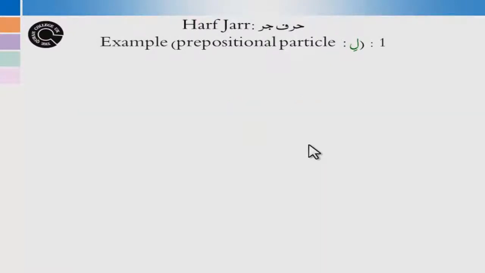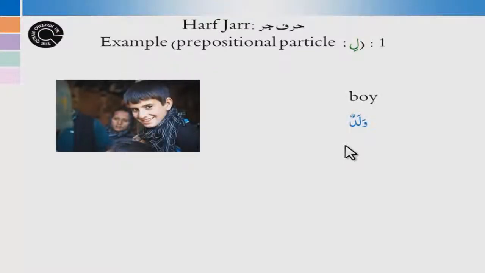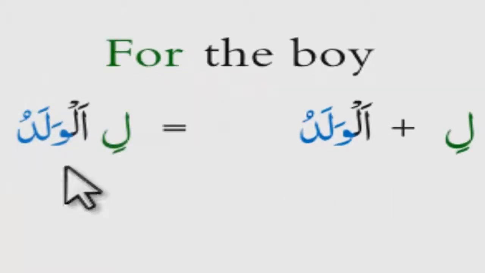Now let's take another example, where the fluency would be affected. Let's take the boy, which is waladun, and to make it "the boy" it will be al waladu. If you now want to put the lam in front of it, it will be li al waladu. Here you can see a situation where the fluency is affected just because of that alif with a fatha, which is the hamzatul wasl.